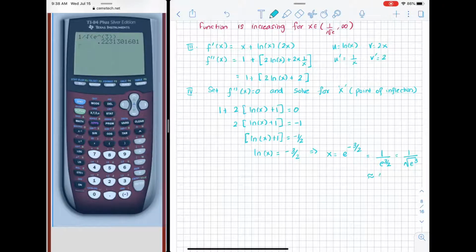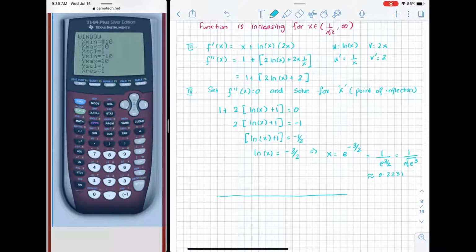That would be approximately equal to 0.2231. So even though I set the value of minimum here at -10, we know that this function cannot go below 0.